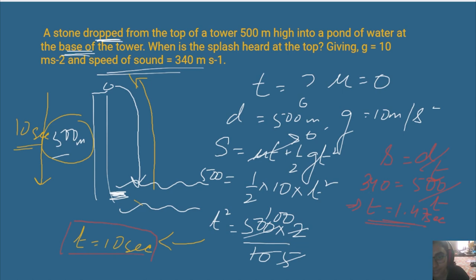One is the time taken by the stone to drop and the other is the time for the sound to be heard. So the total time after which the splash is heard at the top is the time the stone takes to fall plus the time the sound takes to travel, which is 10 plus 1.47, equals 11.47 seconds approximately.